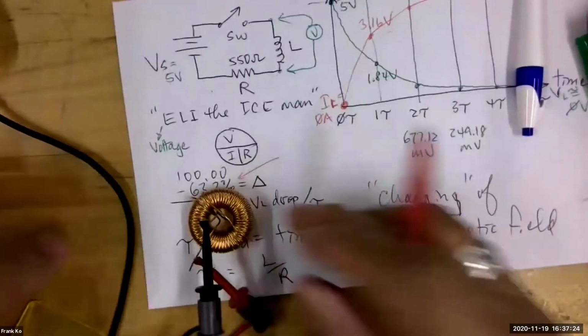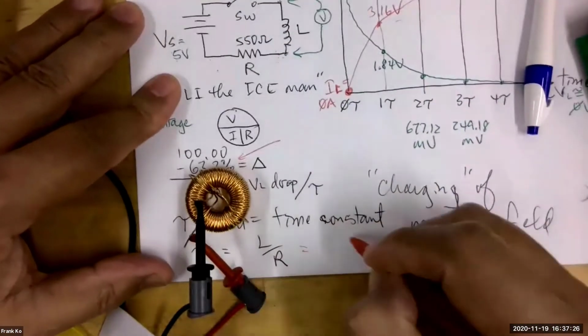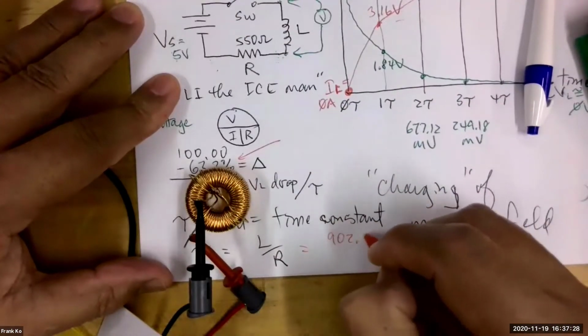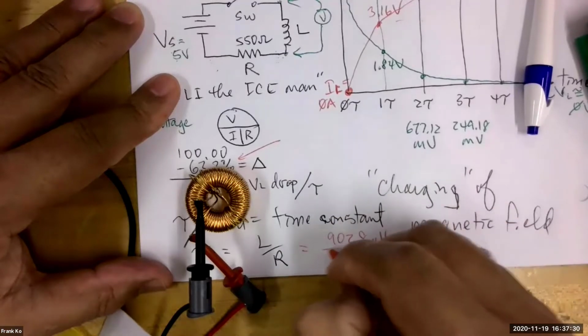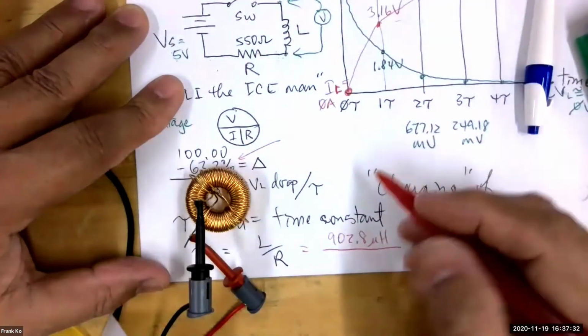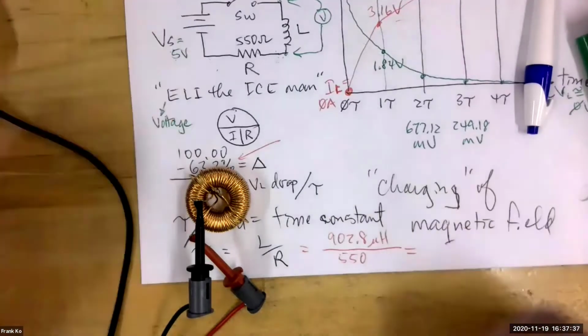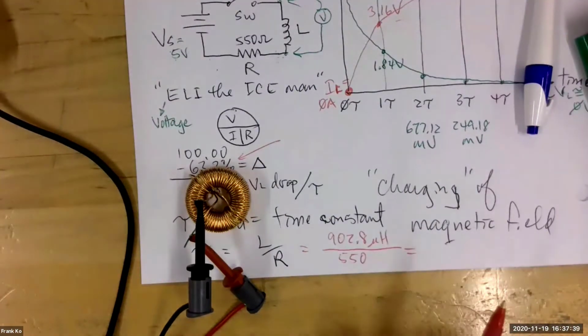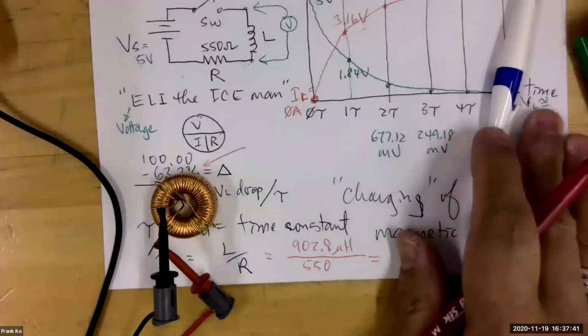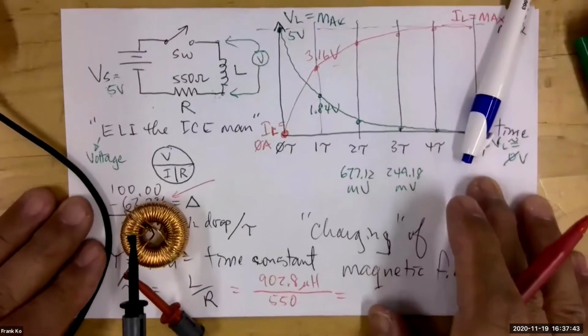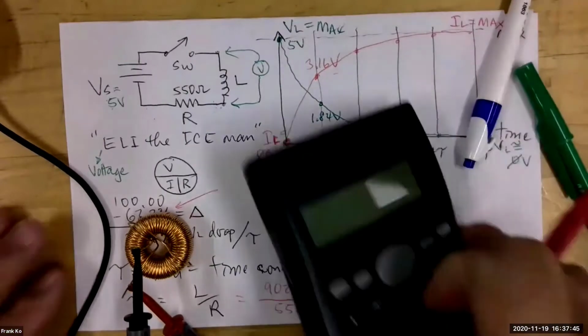All right. So this would be 902.8 microhenries over our 550 ohms. Go ahead and do that calculation and tell me what one time constant calculates to be. And I'm going to be calling on a classmate here in a moment for that calculation.